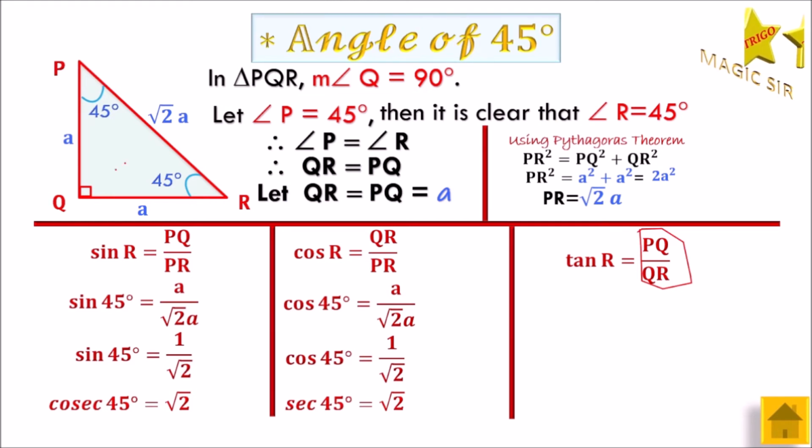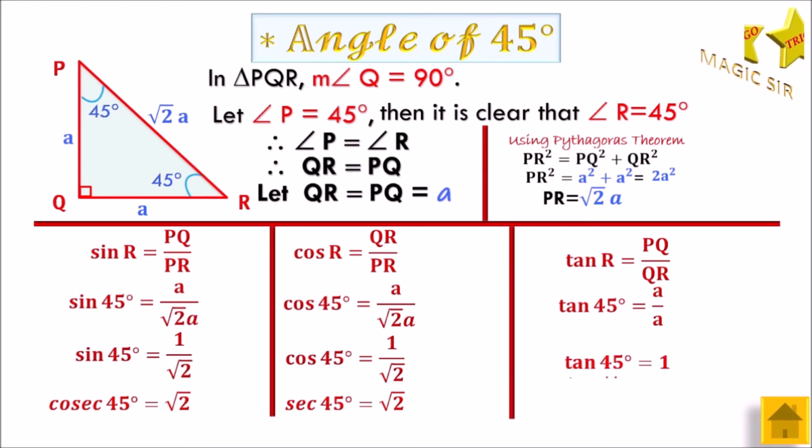We put R is equal to 45 degree, PQ equal to A and QR equal to A. So A upon A, simplifying we get 1. Therefore, tan 45 degree is equal to 1.